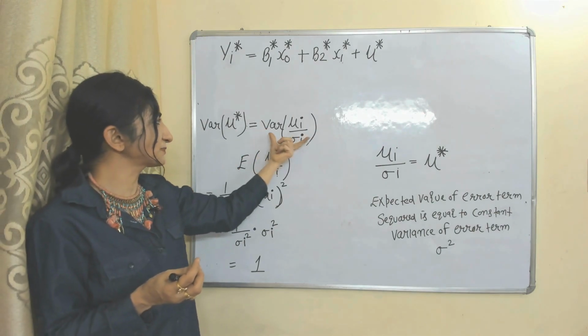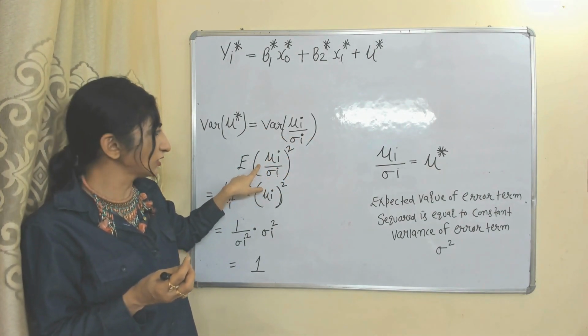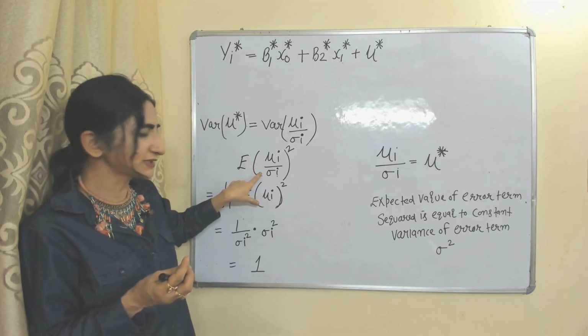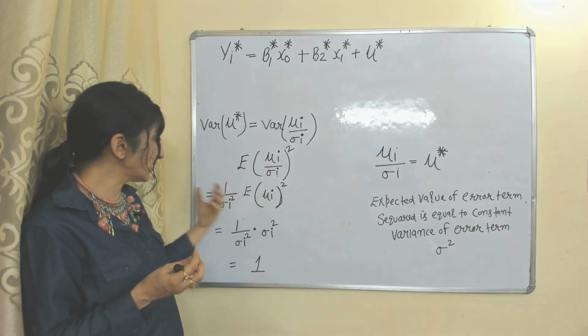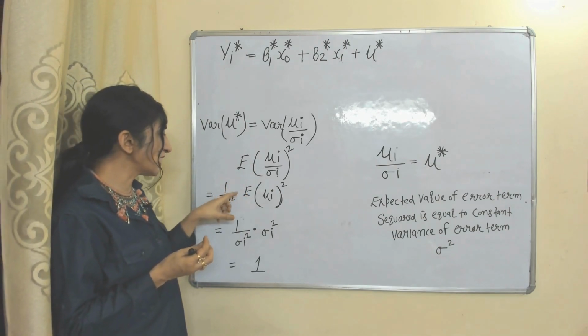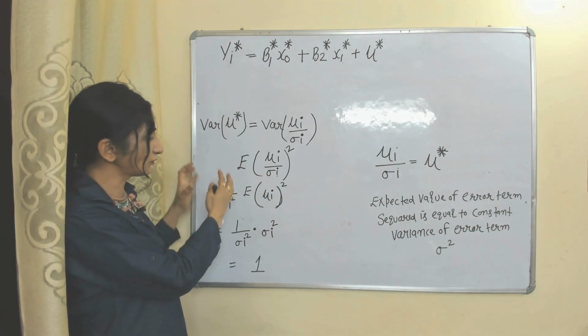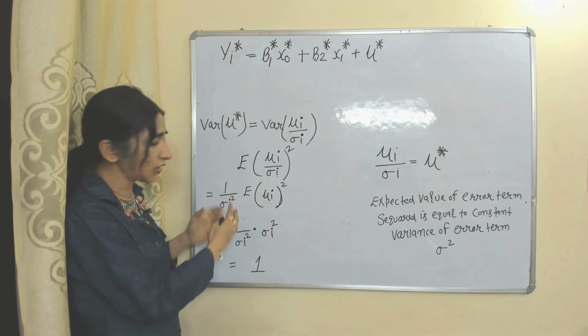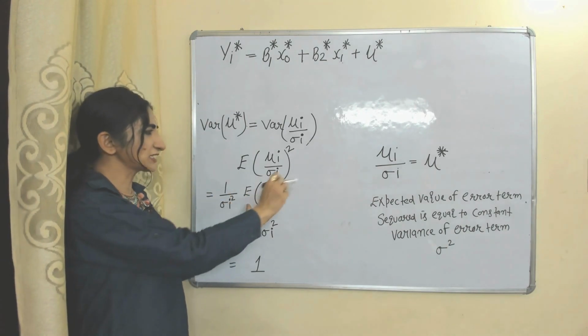If we take the expected value, it becomes the expected value of the square of mu i over sigma i. Here we have a square, that means square of both. We take sigma i square out, and our equation will look like this.